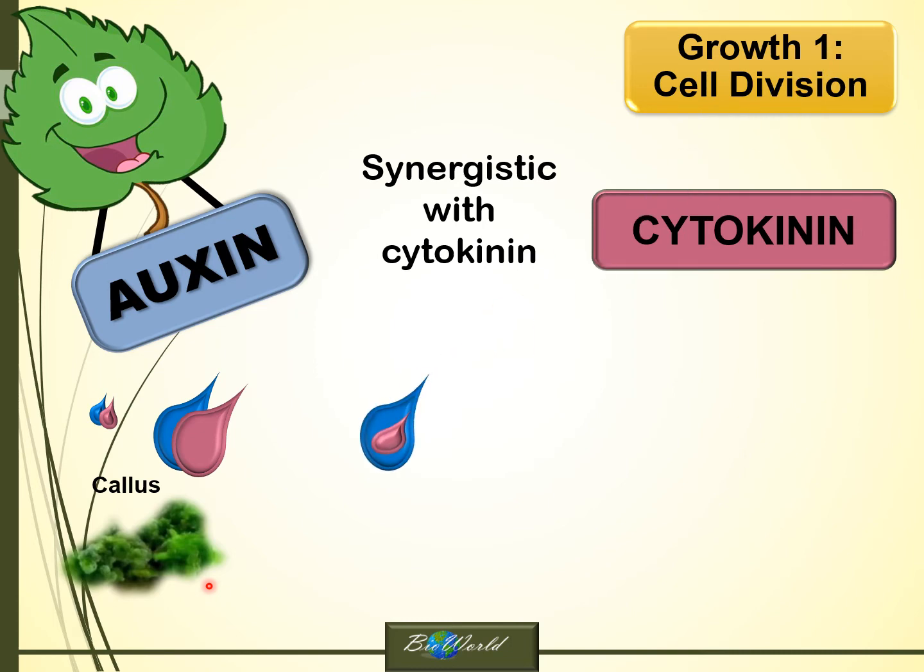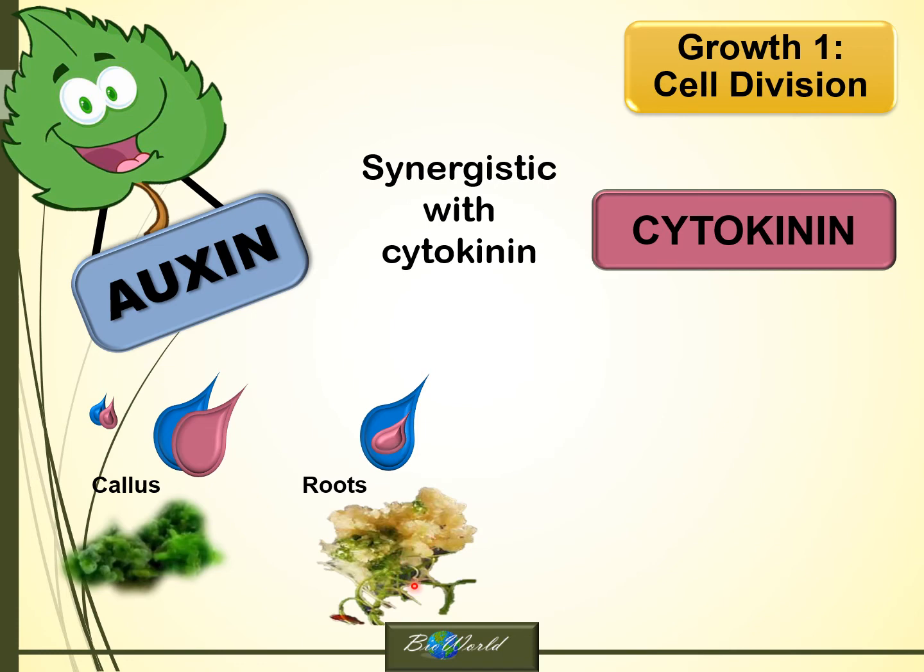But if we increase the amount of auxin to higher concentration and cytokinin remains in lower concentration, the callus can start to do cell division and differentiate to form roots.